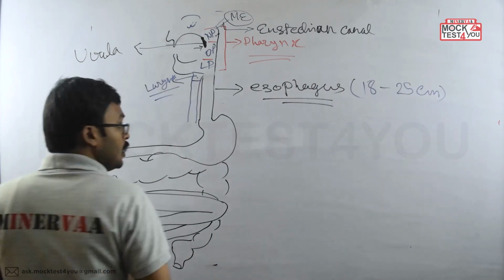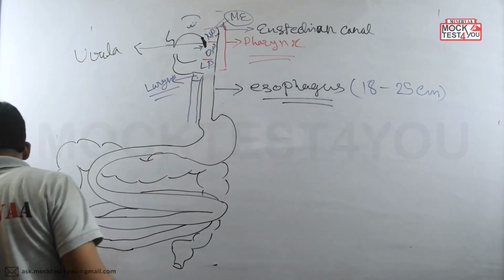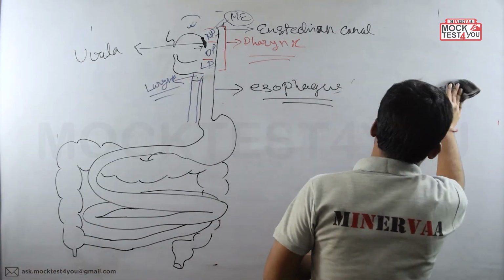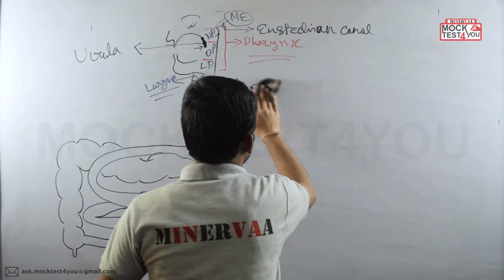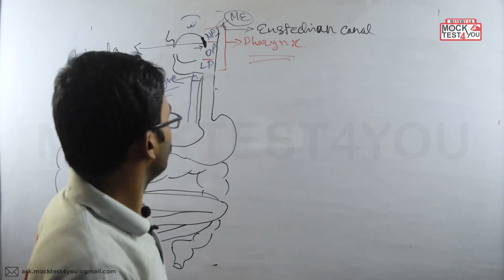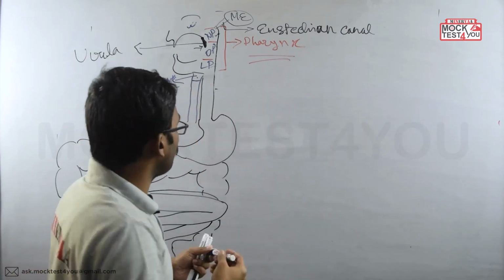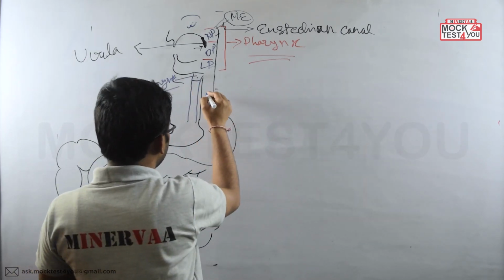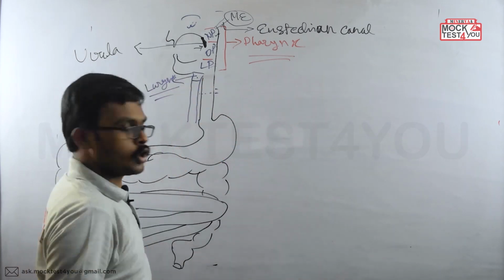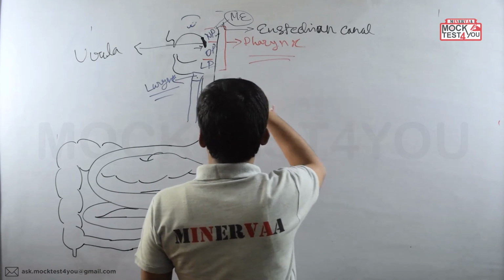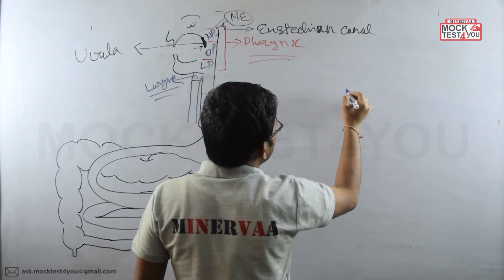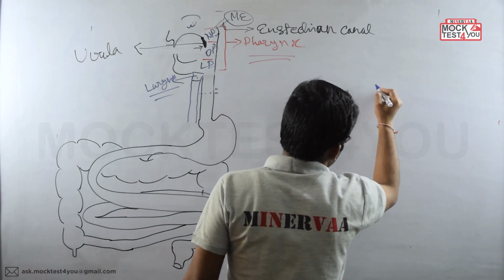Now, if you cut the esophagus, what can we get? If I cut the wall of the esophagus this way, a transverse cut, then I will get a surface area on this side, and that surface area I am drawing over here.